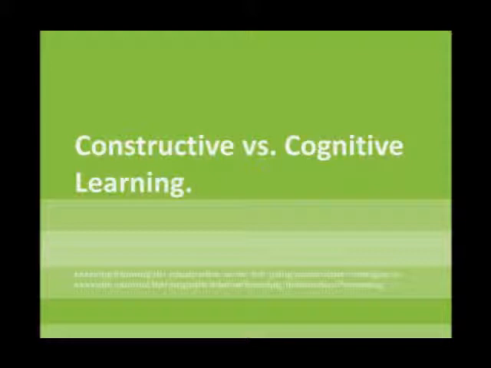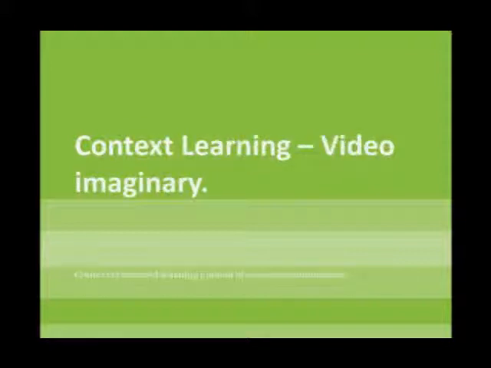Here I want you to keep in mind constructive learning versus cognitive learning, because constructive learning is the best versus cognitive learning that makes the student memorize word by word, but the constructive learning uses something that is called context learning, that is context connected learning instead of concept memorization.